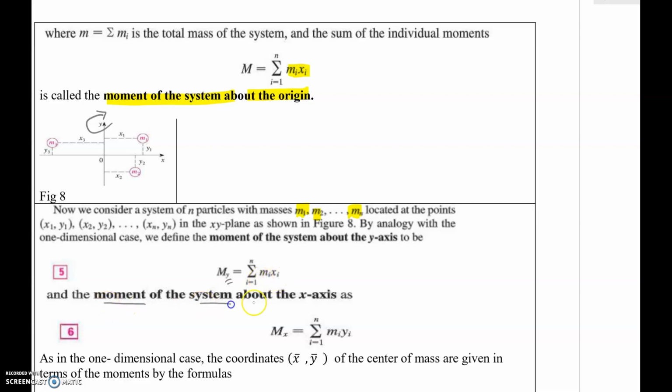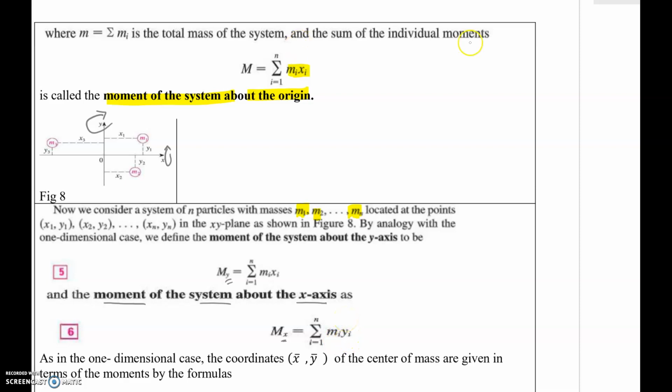The moment of the system about the x-axis, Mx, considers the distances vertically, so it will be mi yi.